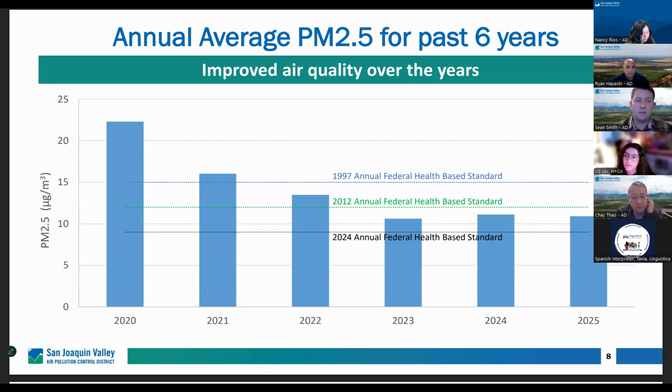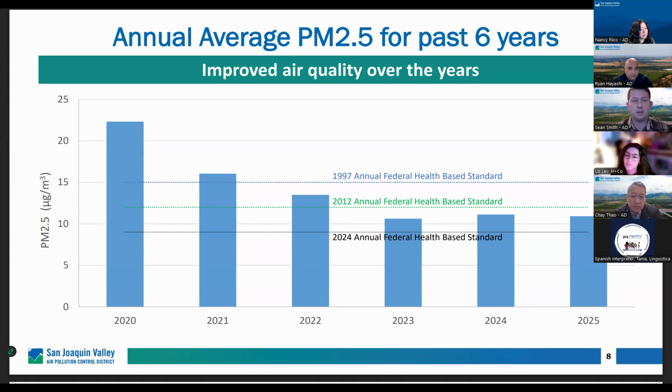And then in the bar graph, you'll see the 1997 annual federal health-based standard, which is depicted in the blue dashed line. You'll see the green dashed line, which is the 2012 standard, so it's been lowered from 15 to 12. And then finally, the 2024 annual federal health-based standard, which is now 9 micrograms per meter cubed.